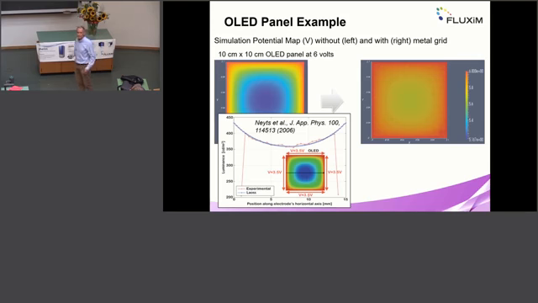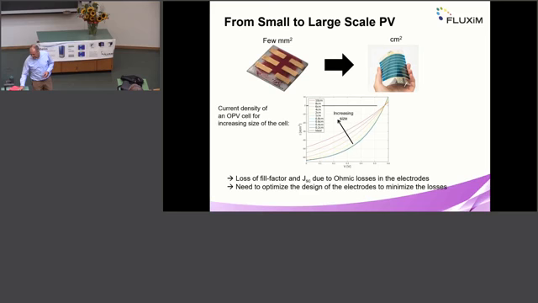This was a luminance profile measured with the camera. So you can imagine that with the software we can also show a map of the current density, the vertical current density, and that would translate in the ideal case, multiplied by the efficiency of the OLED, into a luminance map, so we can compare with the luminance of the OLED.